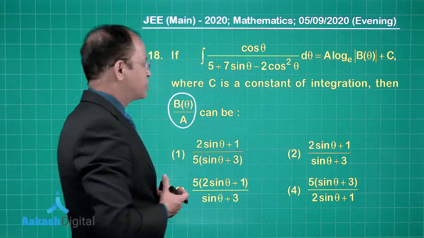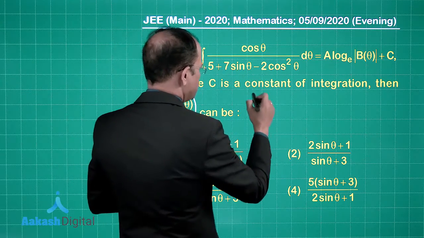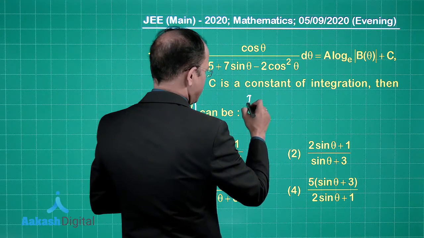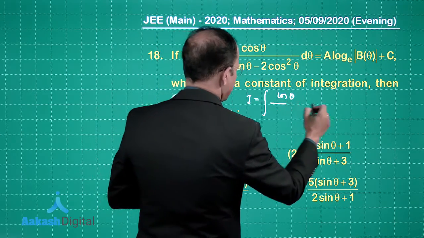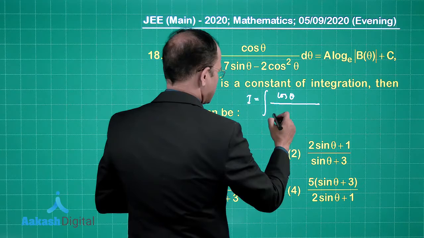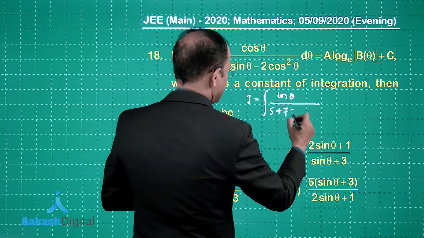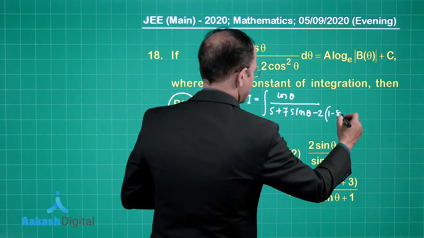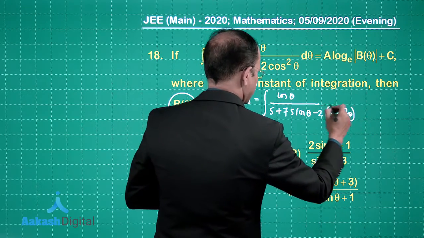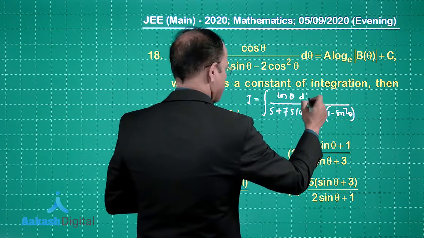So friends, what we have is a very simple concept used here, the method of substitution, and the special integral has been used. So that means if I talk about this part, we can just write this integral as cos theta whole divided by, we convert this cos square theta in 1 minus sin square theta, right? This is what we can do, and this is d theta.